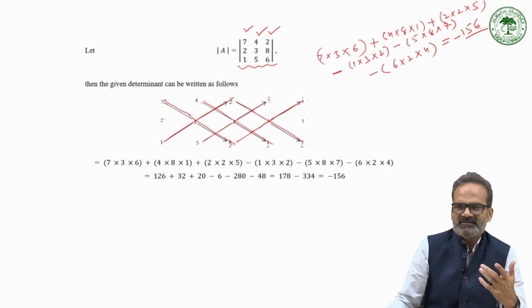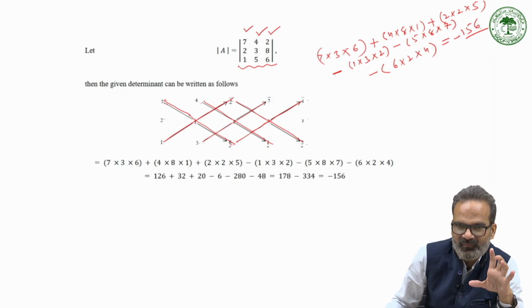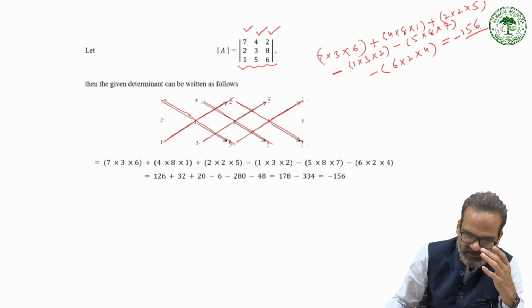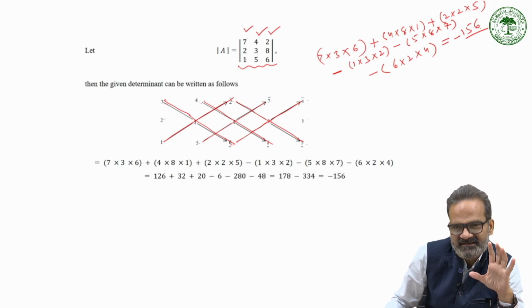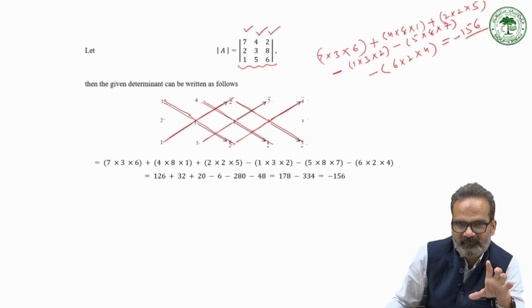So this is also another way to find out the value of a determinant of order 3. This method is given by Sarrus. That is why the approach or the method which we are using is known as the determination of the value of a determinant using Sarrus diagram.